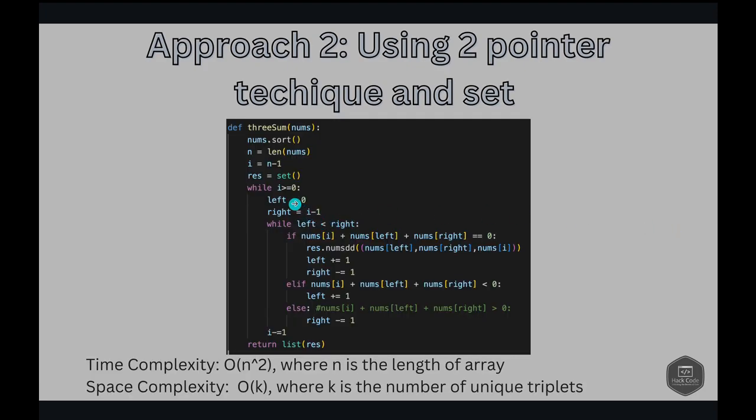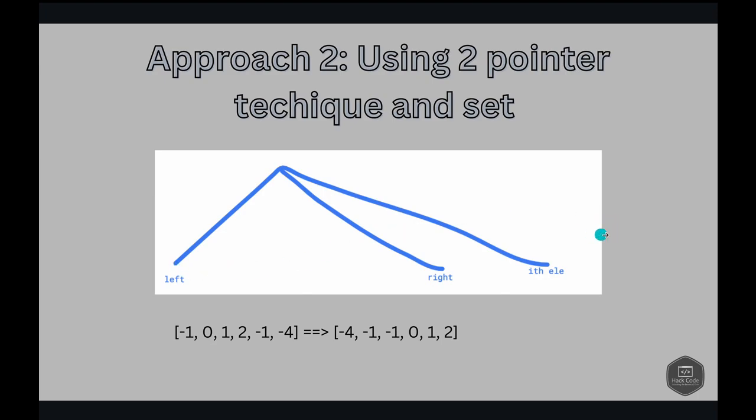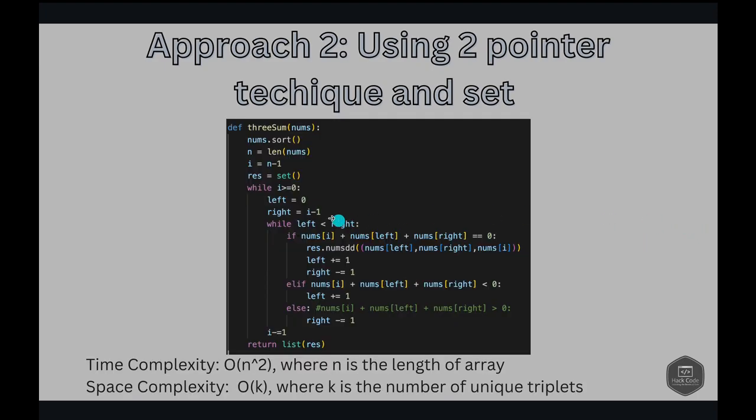So here we initialize i equal to n-1, and result is a set because we want to avoid duplicate triplets. Since we start with i equal to n-1, we have to come till i equal to 0. So that's why we keep the check i greater than 0 here, and then we keep the left pointer and right pointer.